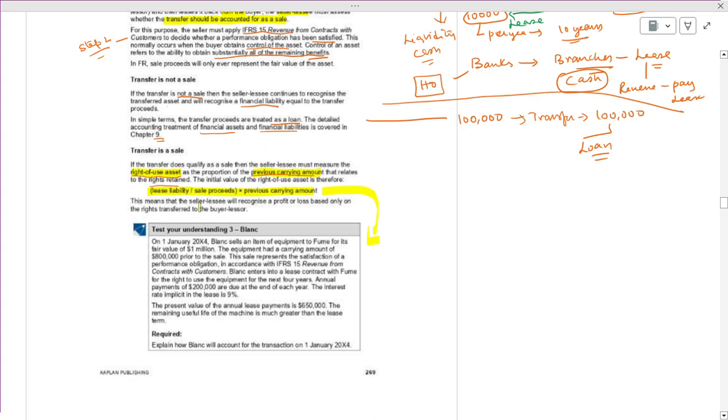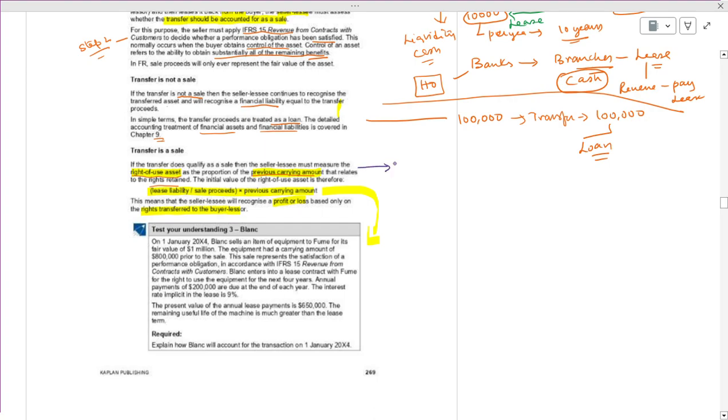This means that the seller-lessee will recognize profit or loss based on the transfer to the buyer, if the transfer is a sale. Keep it in mind, just for your understanding.